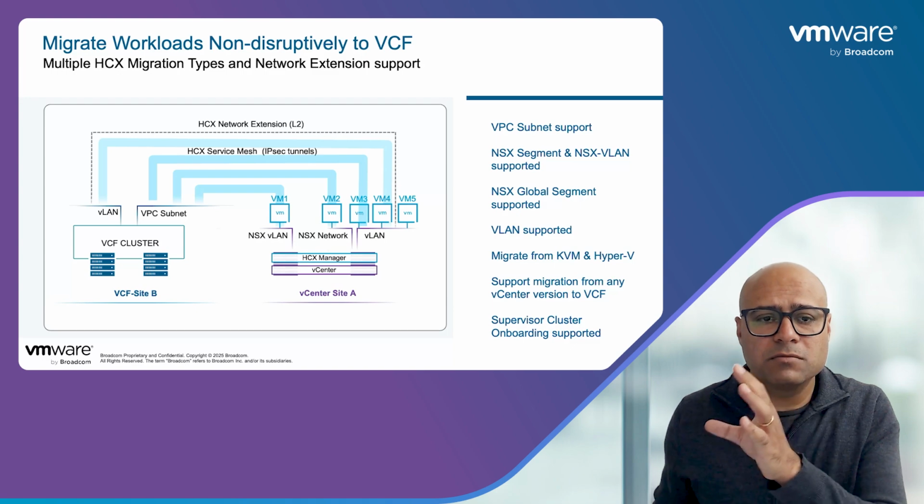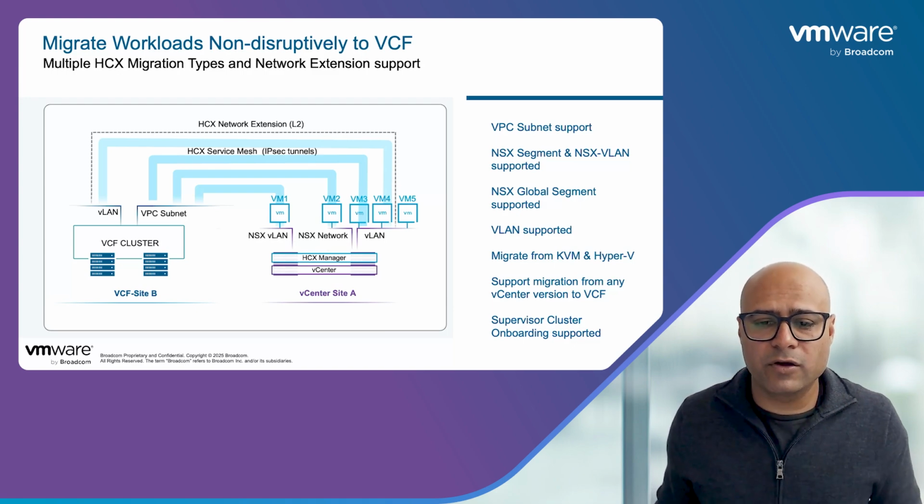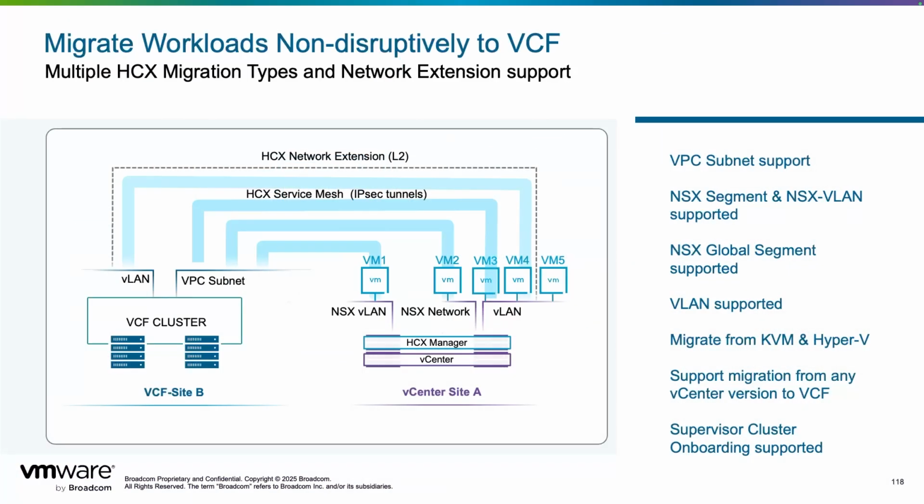So let's go over some of those scenarios. I have it here. In the first case, we have a customer on the source side, and the new destination is side B, and we can migrate within an NSX VLAN network to maybe the latest and greatest VPC subnet.